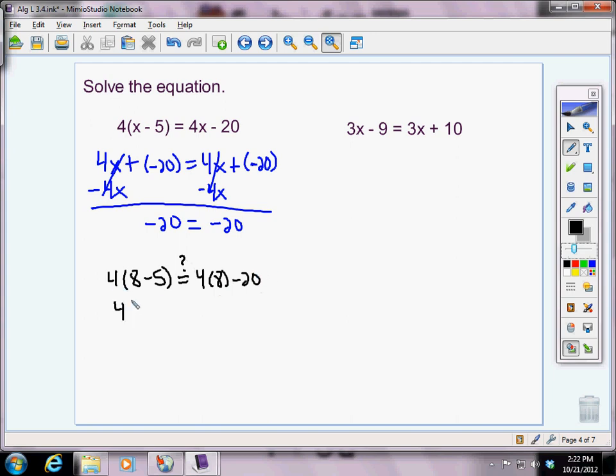Well, 4 times 8 minus 5 is 3. 4 times 8 is 32 minus 20. Oh, notice we get 12 equals 12. And that's going to be true for anything because they're exactly the same.